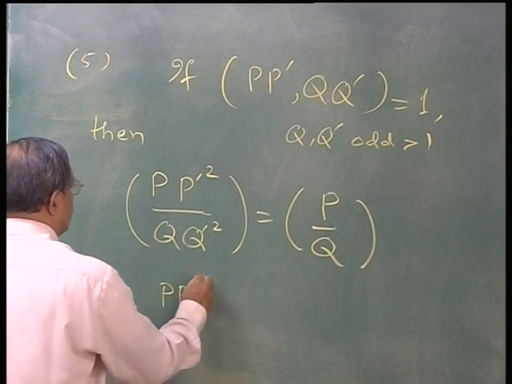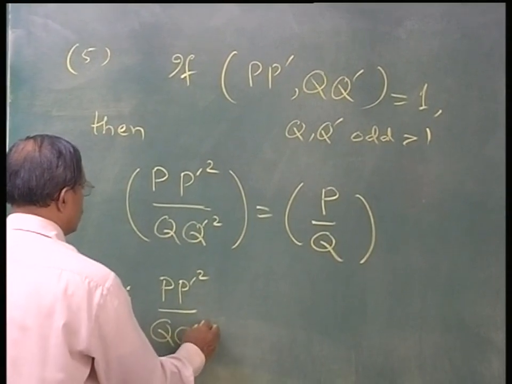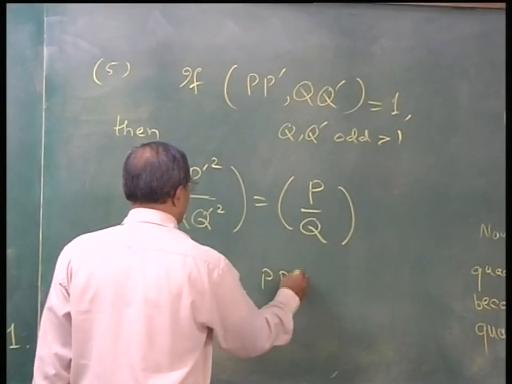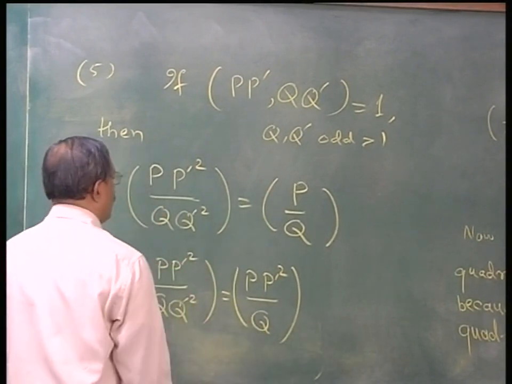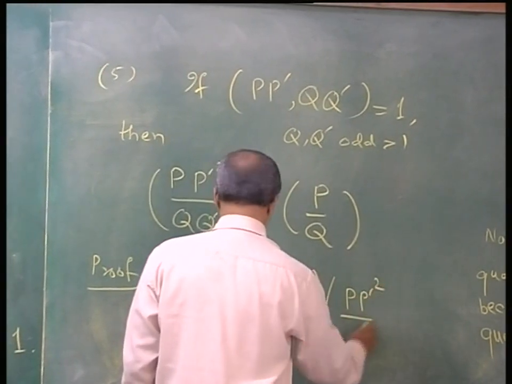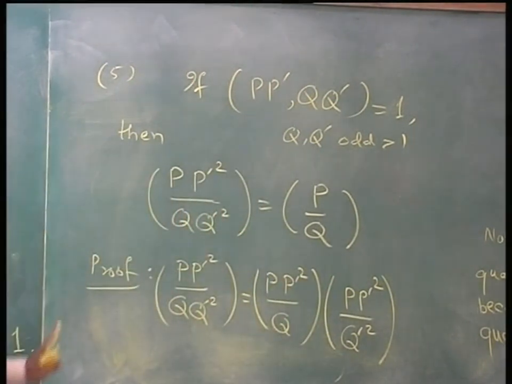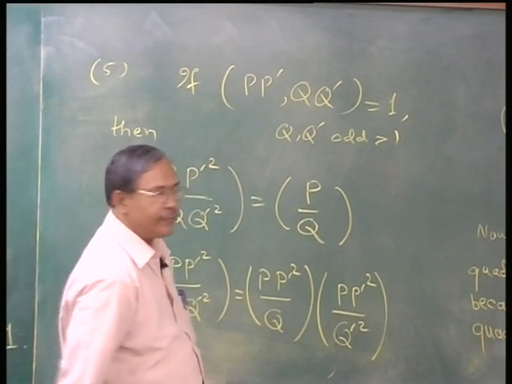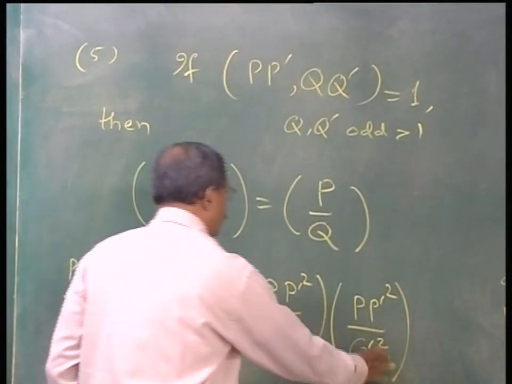The proof of this is: (P'²/Q'²) is equal to (P'²/Q) into (P'²/Q'²). The numerator is kept the same; in the denominator, you just split. So something upon Q'².